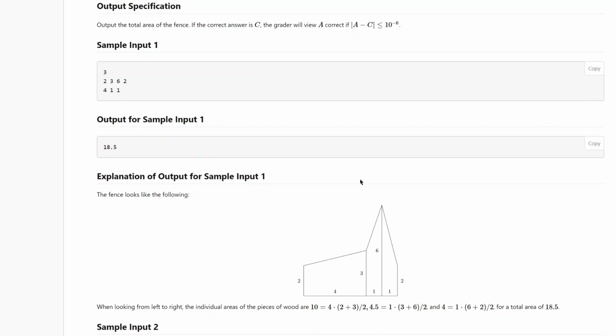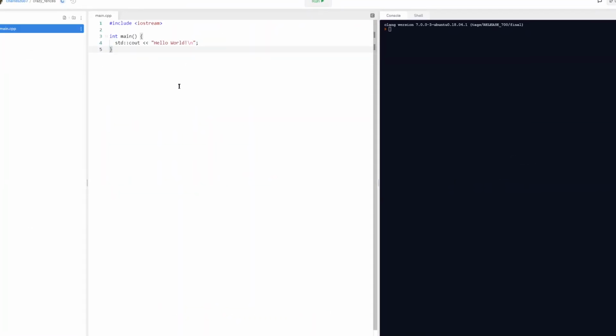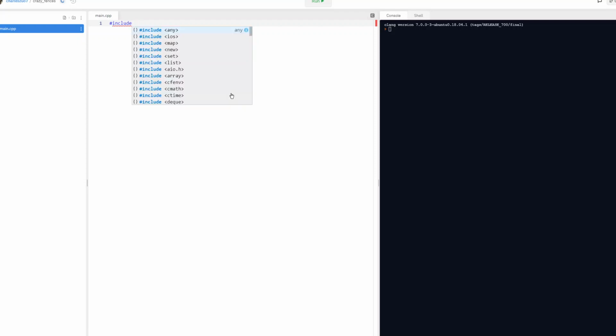Okay, so let's code this solution. Okay, so just gonna load up the repo. We just include bits/stdc++.h.